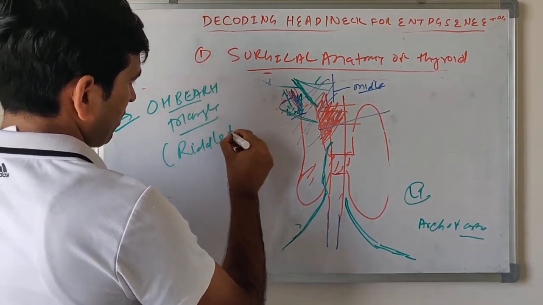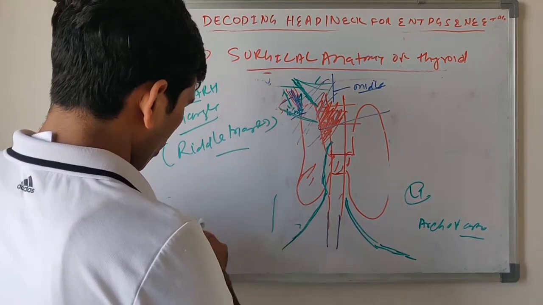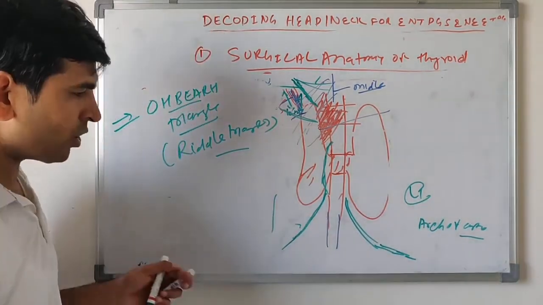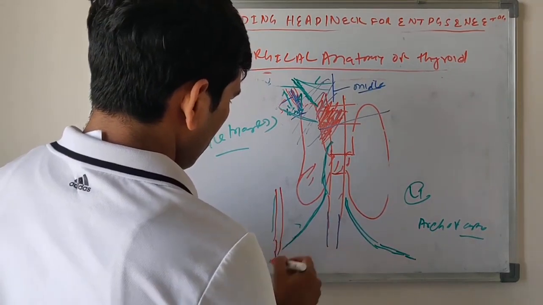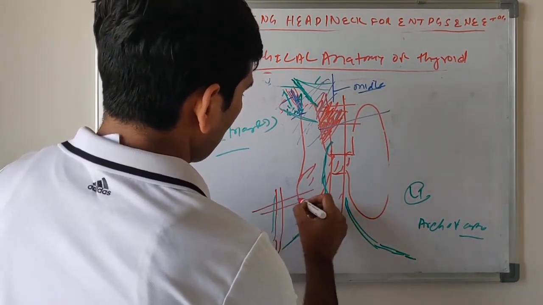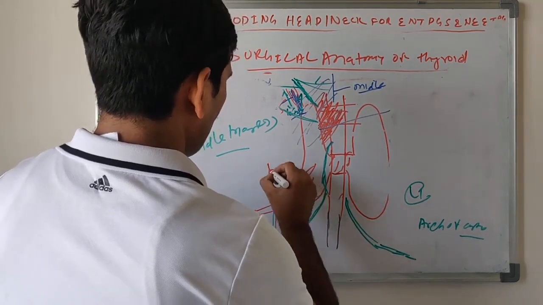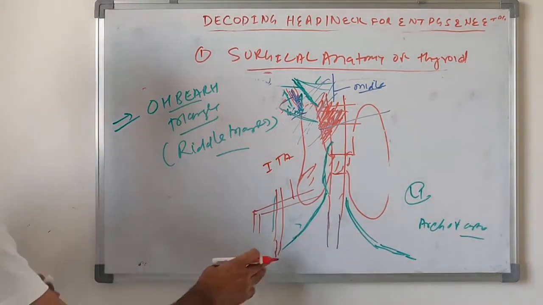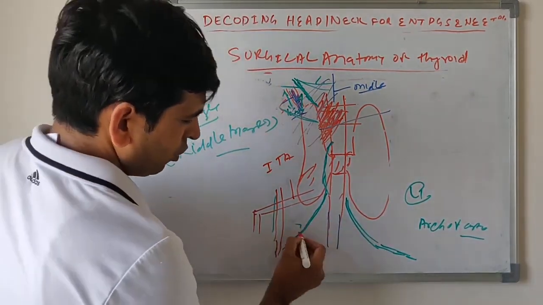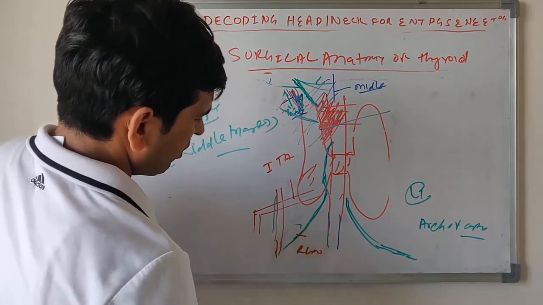If you see, this is the common carotid artery, posteriorly. Superiorly is the inferior thyroid artery, coming from the brachiocephalic trunk, and anteriorly or medially you may find the recurrent laryngeal nerve.